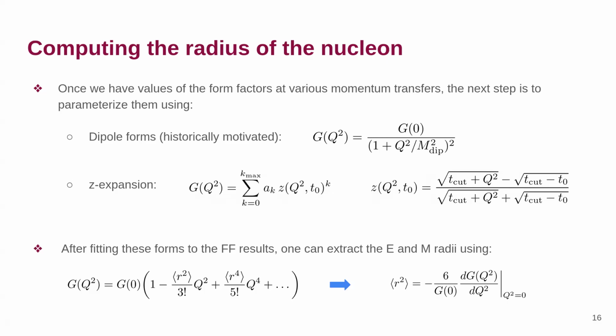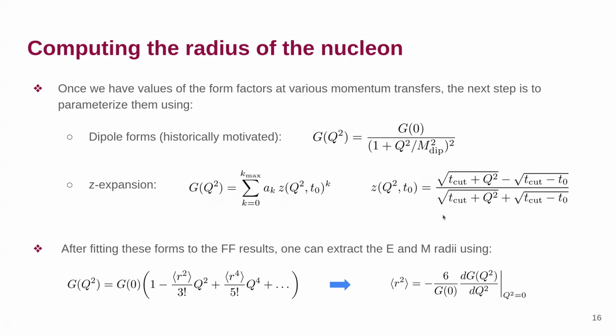But the more model agnostic thing to do is a Z expansion fit. That's where you write down a polynomial expansion in this quantity Z, which is defined like this. I won't go into too much detail here because the video will be too long, but you'll be able to explore this fitting parameterization in the class.